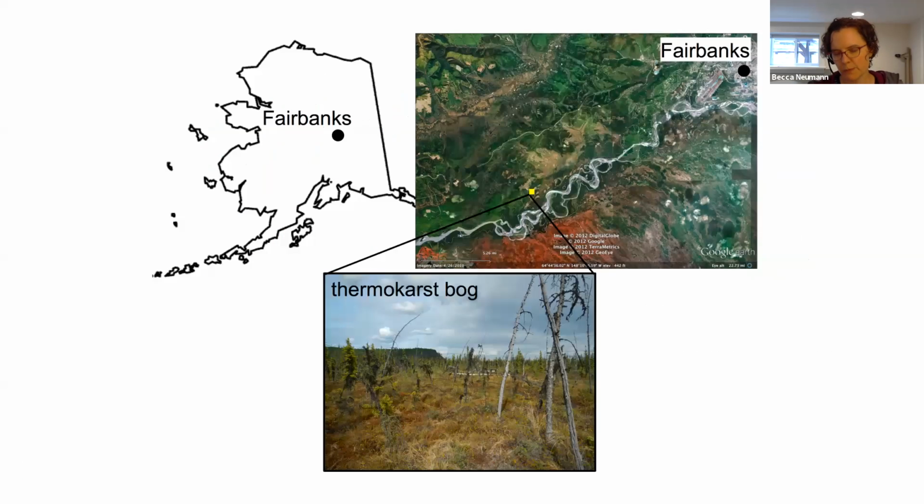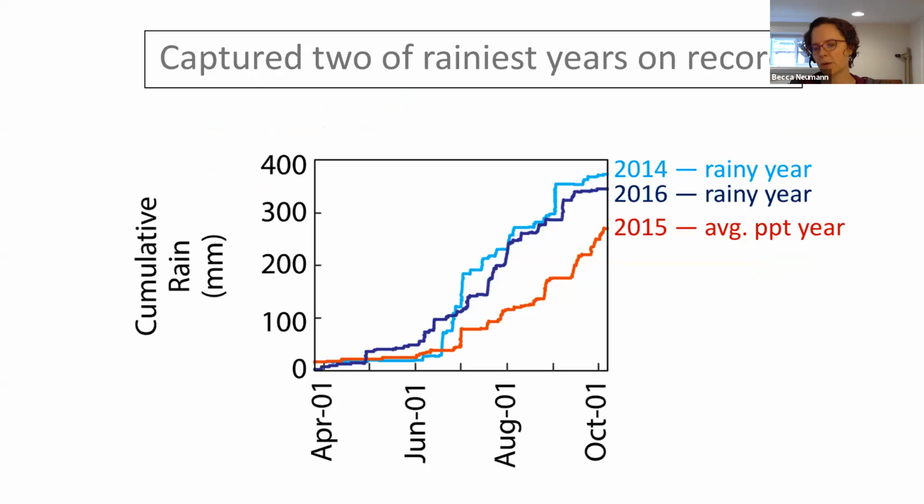So I've been working at a field site outside of Fairbanks. There's here a thermokarst thaw bog. And we actually began working at this site to focus more on plants and the role that plants play within the methane cycle. But it turned out that in the 3 years that we were working at this site and doing other studies, we captured 2 of the rainiest years on record.